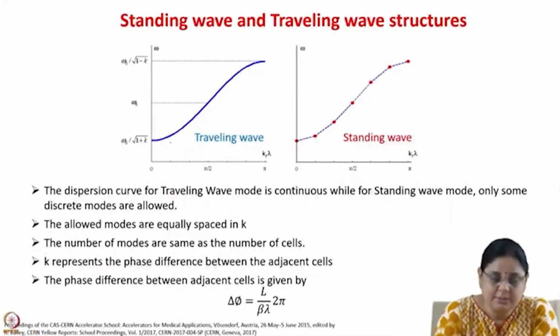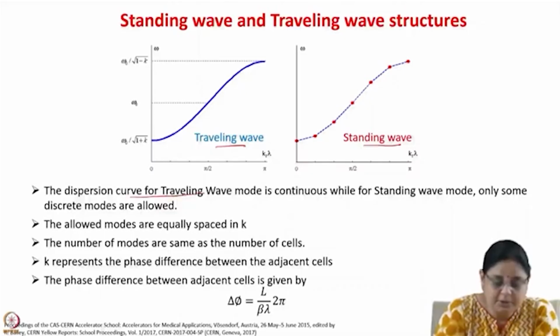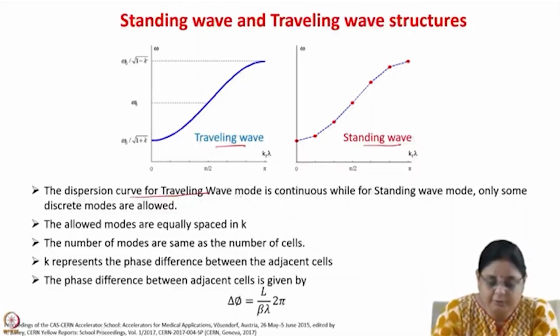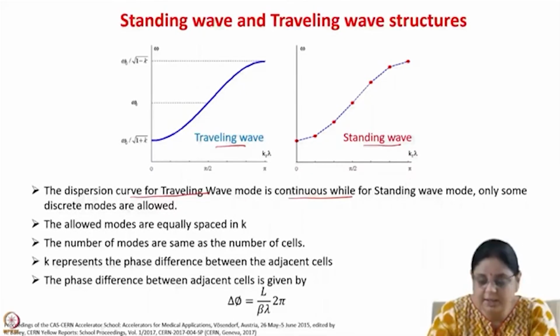So this is the dispersion curve for the traveling wave, and this is the dispersion curve for the standing wave. So we see that the dispersion curve for the traveling wave mode is continuous, while for the standing wave mode only certain discrete frequencies are allowed.